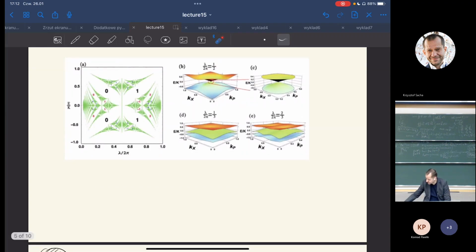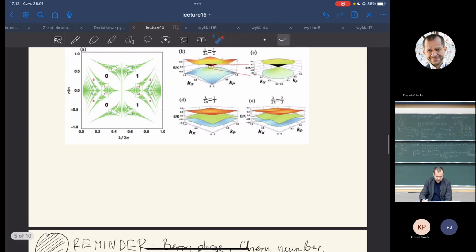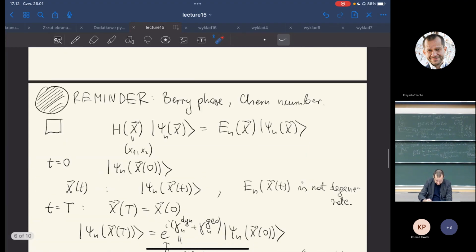And now we can switch to the last part of the lecture. This last part of the lecture will be related to photonic time crystals.